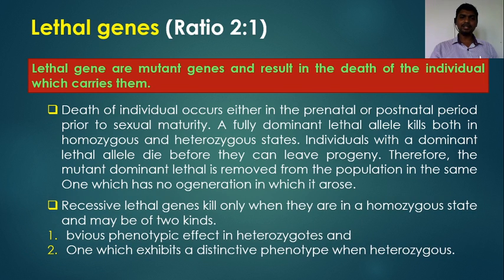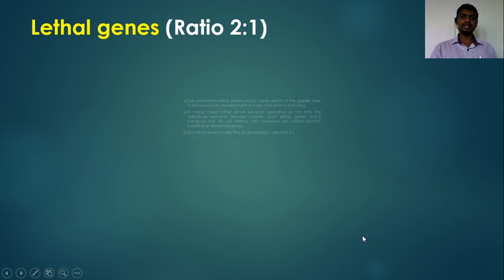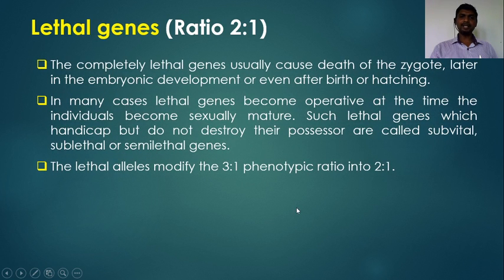Furthermore, the recessive lethal genes kill only when they are in a homozygous state and may be of two kinds. One has an obvious phenotypic effect in the heterozygote, and one does not exhibit a distinctive phenotype when heterozygous. So this is about the lethal gene. The completely lethal gene usually causes death of the zygote later in embryonic development or even after birth or hatching.